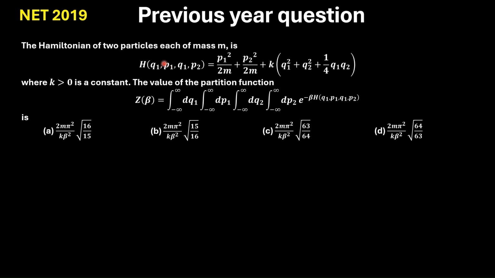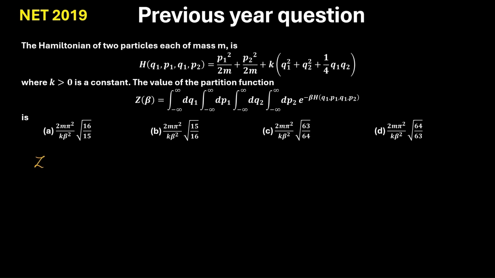This is the last question in this partition function video series. Here we are given a Hamiltonian. In the Hamiltonian, we have the two kinetic energy terms and we have the potential energy term, but here q1 and q2 are coupled. So we are told to find the value of the partition function.